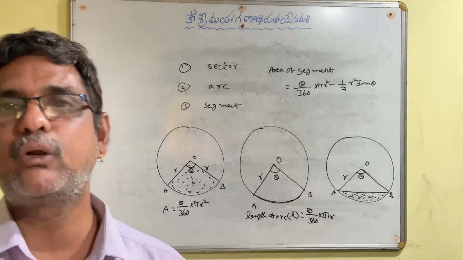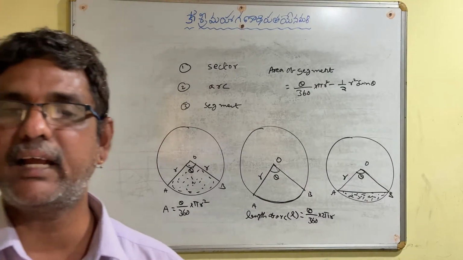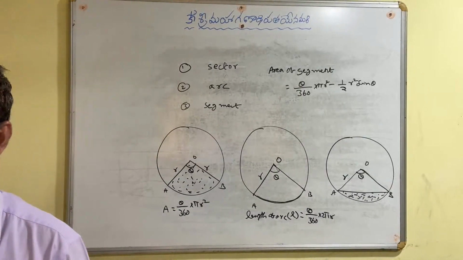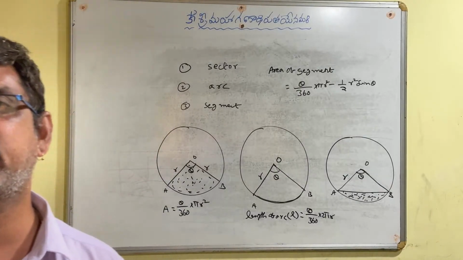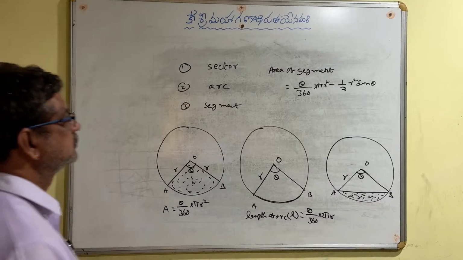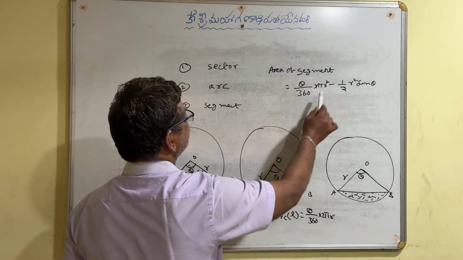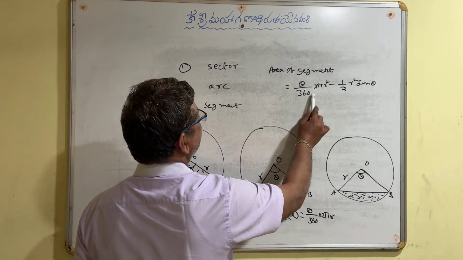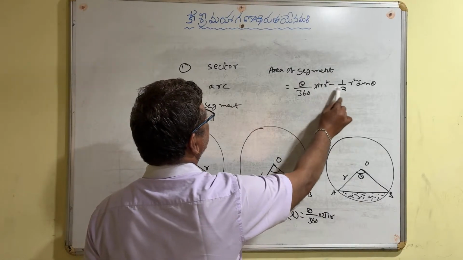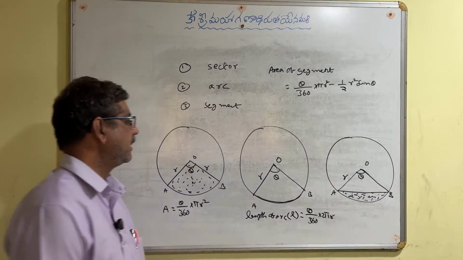Theta by 360 into pi r square is area of sector. Half r square sin theta is area of triangle. So area of segment is equal to theta by 360 into pi r square minus half r square sin theta.